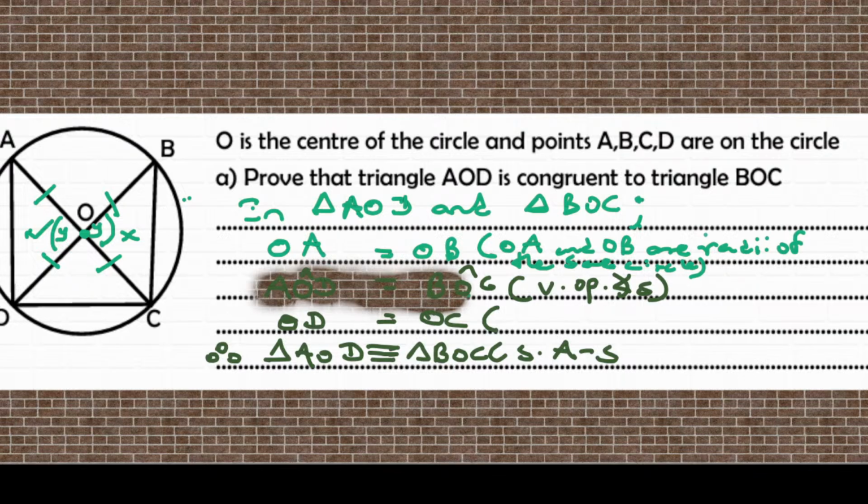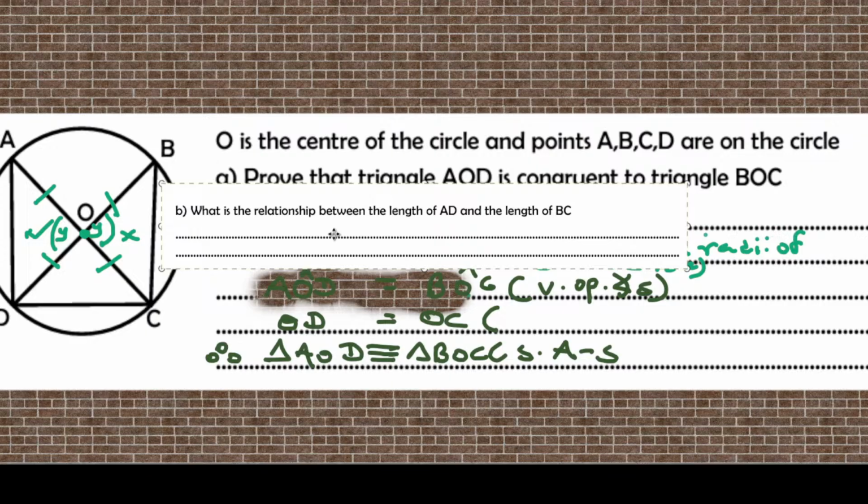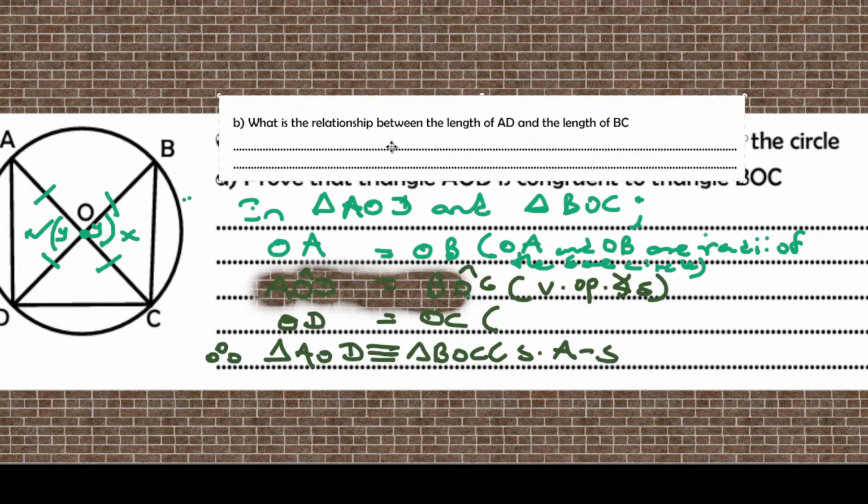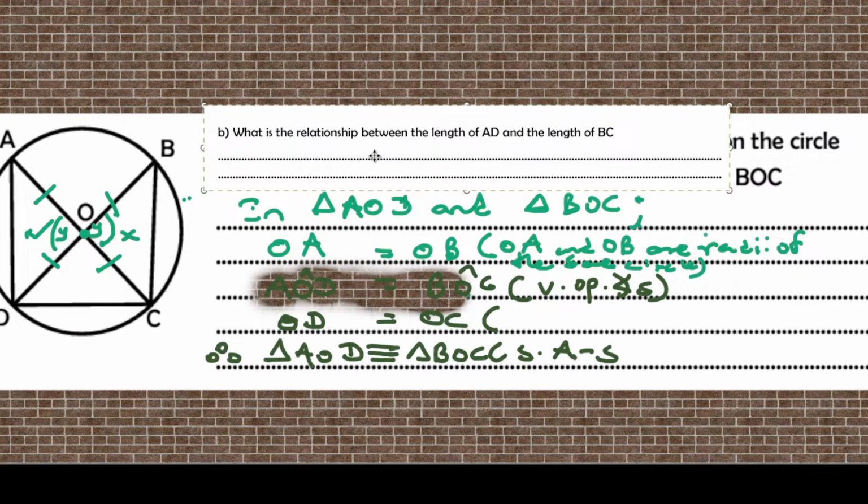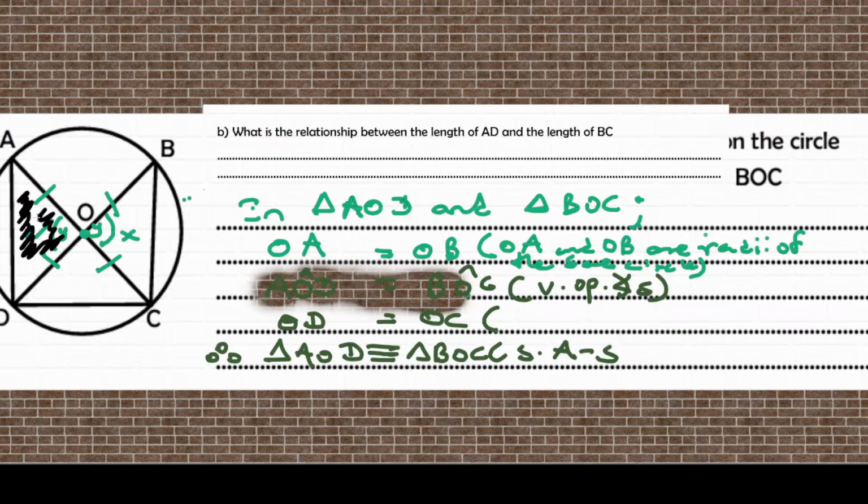Right, here comes the part B. It asks what is the relationship between the length of AD and length of BC. All right, let's see what the relationship is. Just a while ago, we proved that the triangle with the tick, let me color in black, this black triangle, is congruent to this green triangle, let me color in green.